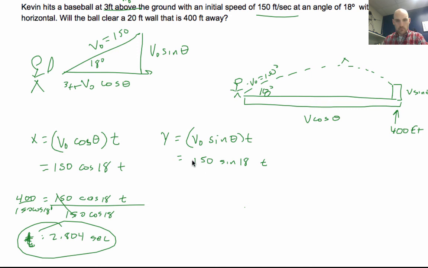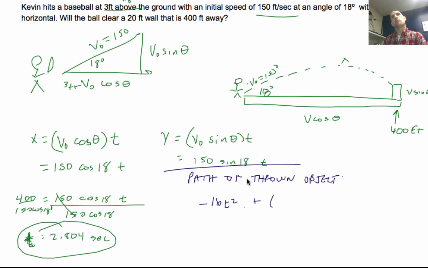So, got to get my pen here. The path of a thrown object equation is what we just talked about up there: negative 16 t squared plus v sub 0 times the sine of theta times t plus my initial height.